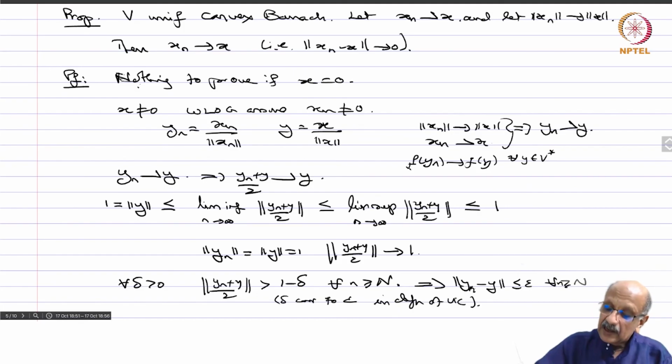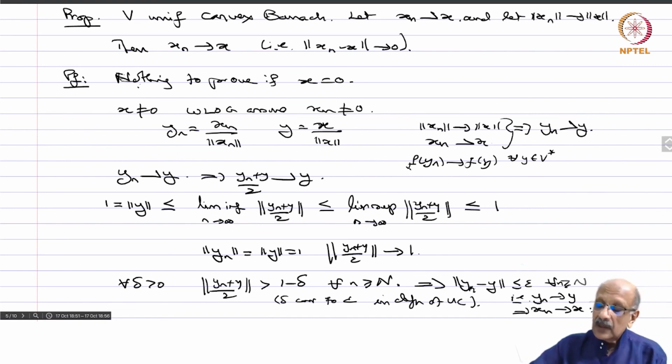Now you take delta corresponding to epsilon in uniform convexity, then norm of yn plus y by 2 greater than 1 minus delta for all n bigger than or equal to N implies that norm yn minus y has to be less than or equal to epsilon, that is yn goes to y in norm, and this implies that xn goes to x in norm, and that completes the proof of this thing.